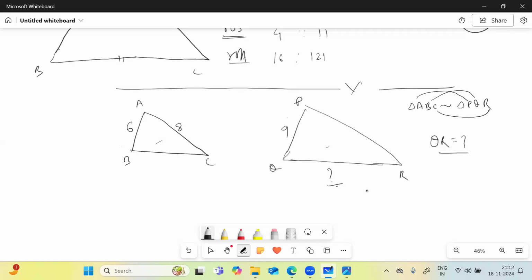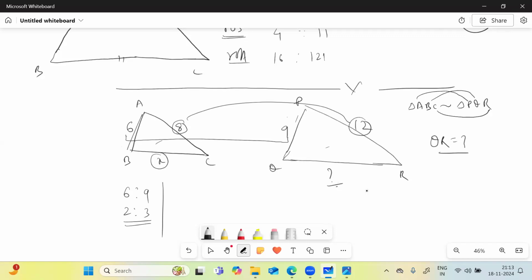similarity is given. So the only thing we can say is that the ratio of similarity is 6:9, because we will get it from these sides. Basically 6:9 is 2:3. So we can calculate that these two also will be in the ratio 2:3, so PR will be 12. But since this side is not given, we cannot calculate this side.